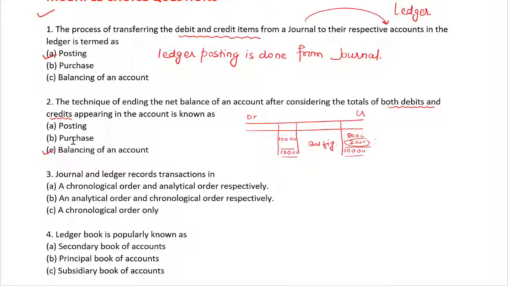Journal and ledger record transactions in: A. a chronological order and analytical order respectively, B. analytical order and chronological order respectively, C. a chronological order only. My dear students, it means what? That the journal and ledger record transactions as and when the transaction occurs.